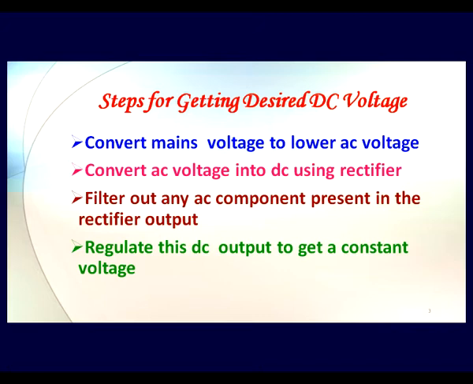Then we have to remove that AC component, and this is done by using a circuit called a filter. Filter, as you know, the name is very clear. We are trying to filter out something. Here, what are we filtering? We are filtering the unwanted AC, or the frequencies of 50 Hertz or 100 Hertz or whatever are available. They should be removed. So that is the filtering process we subject our voltage to.